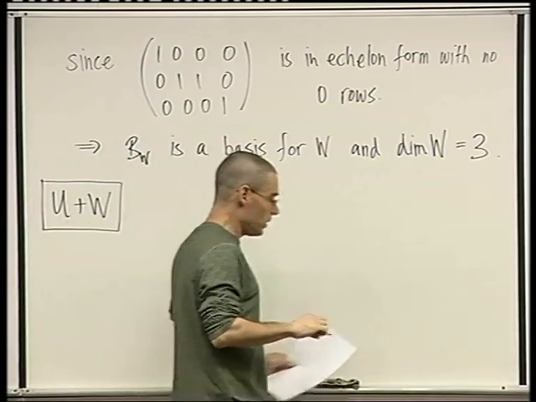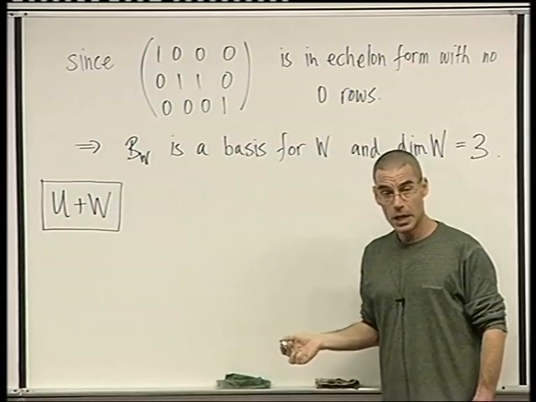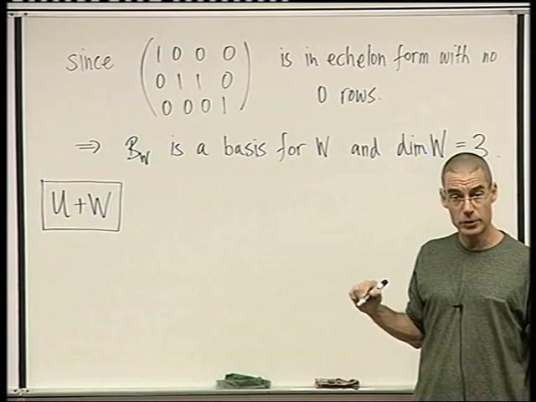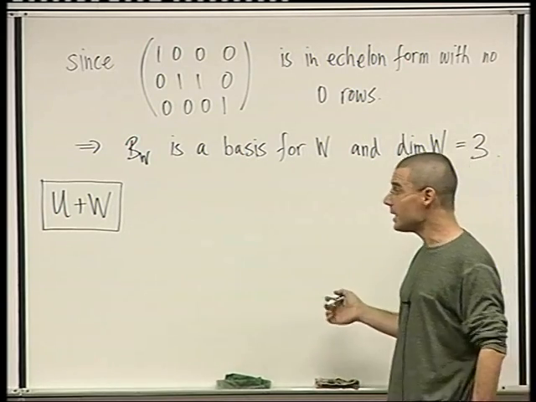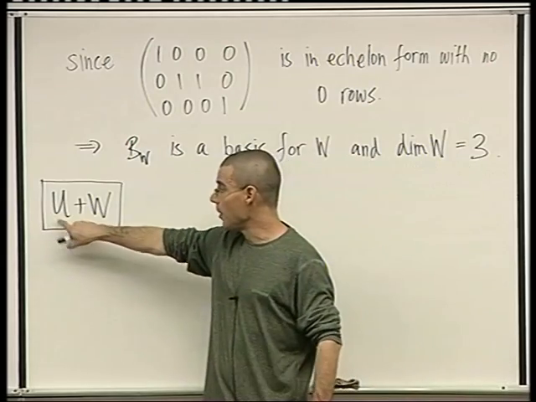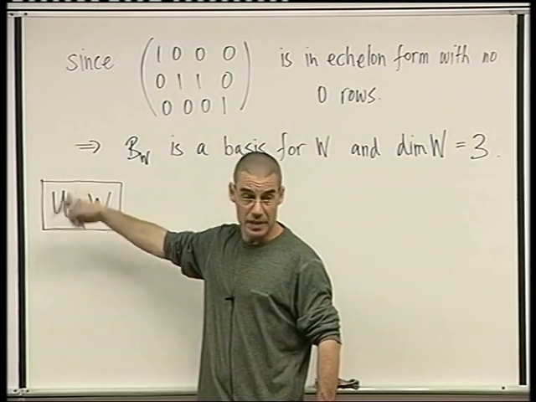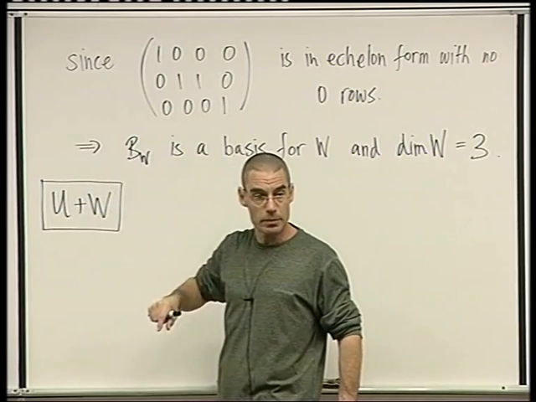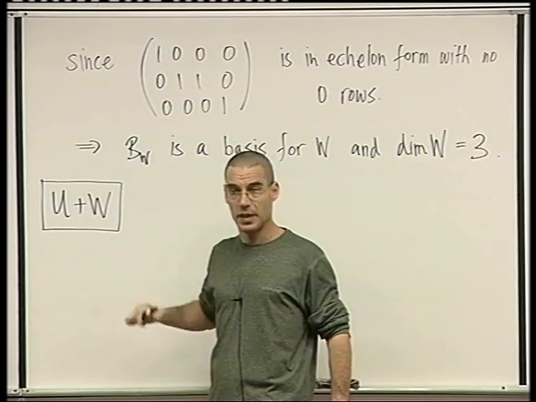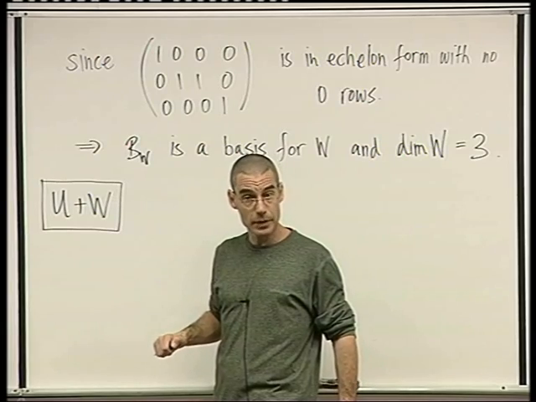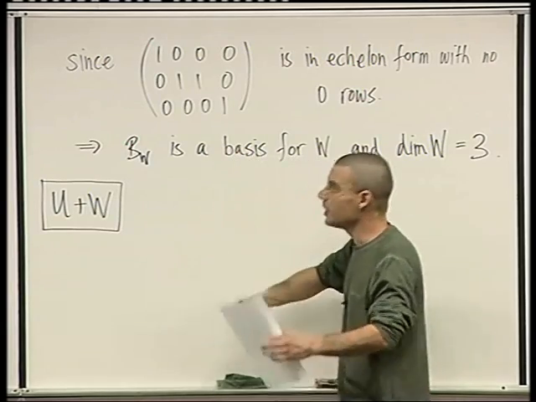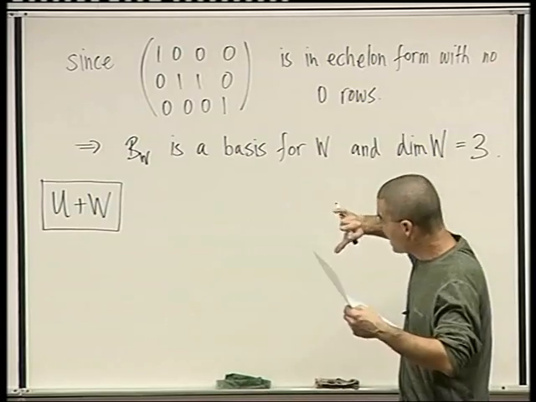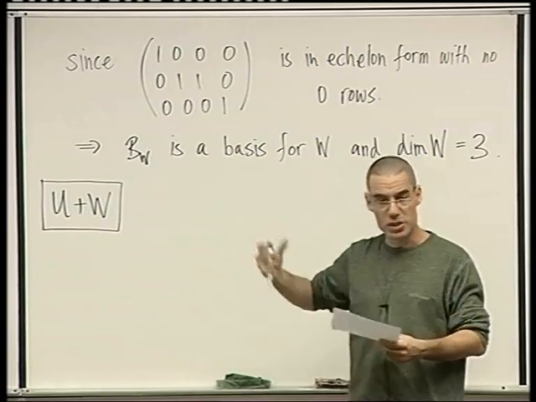So what is U plus W? It's all the elements in V, all the 2 by 2 matrices, which can be written as a sum of a matrix in U, of that specific form which defined U, plus a matrix in W, of that specific form which defined W. Do you agree? Okay. I can start understanding what a matrix like that would look like by intersecting those restrictions.